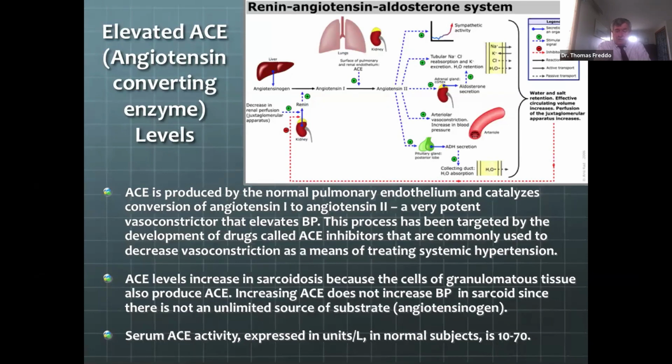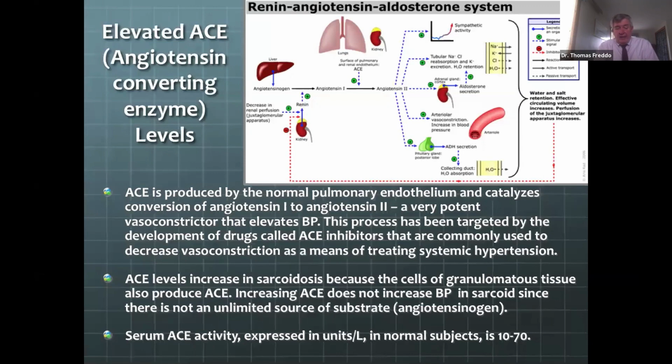It turns out ACE levels increase in sarcoidosis because the cells of the granulomatous tissue also produce ACE. It's important to remember, though, that ACE does not increase BP in sarcoid since there is not an unlimited source of substrate. Because remember, this is an enzyme.